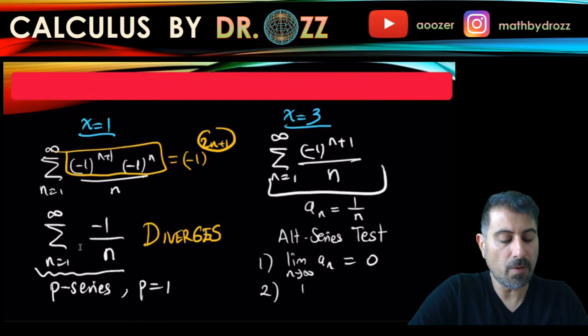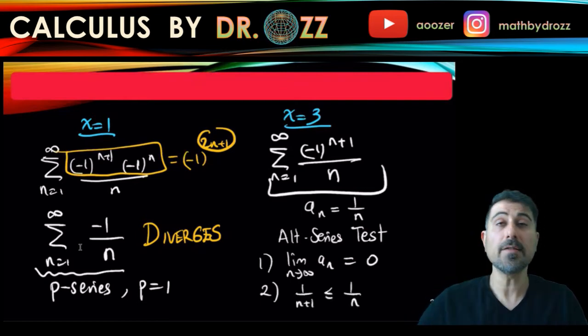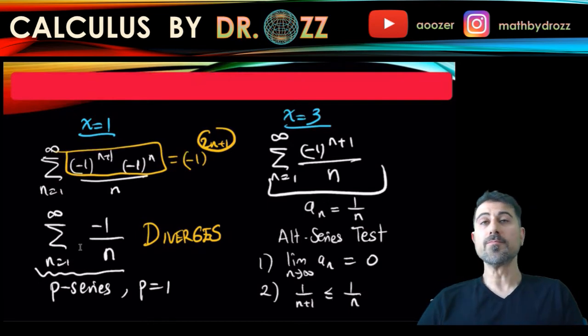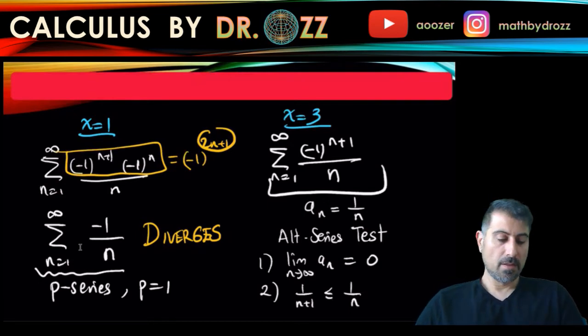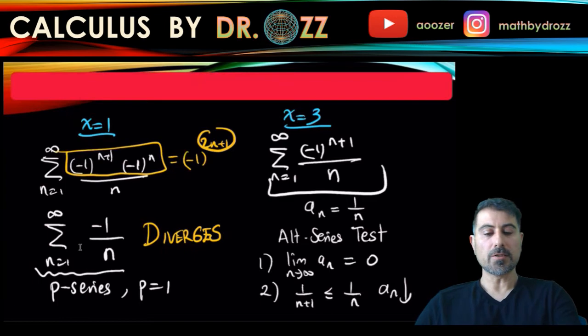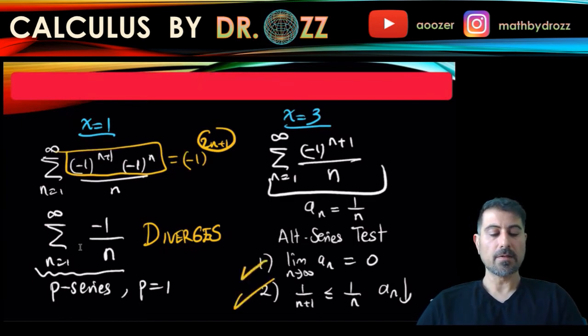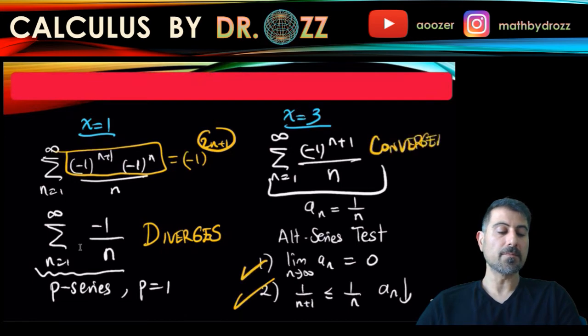And then 1 over n plus 1 is less than or equal to 1 over n. That makes a_(n+1) less than or equal to a_n for all n, so a_n is non-increasing. Two conditions are satisfied, so this converges by the alternating series test.